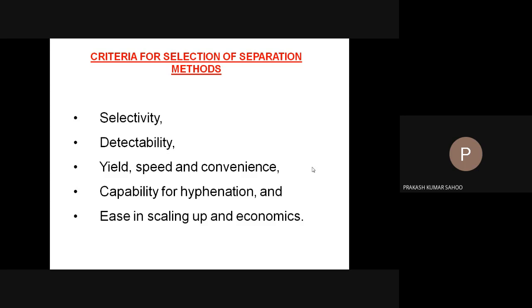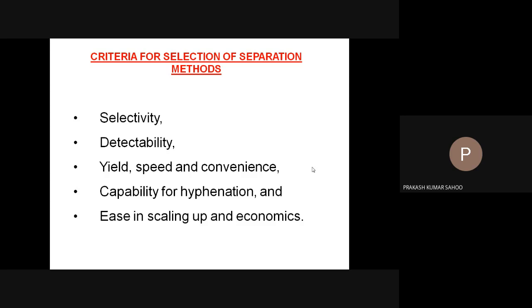Sensitivity assumes paramount importance when the quantity of mixture to be analyzed is very small, or when trace impurities must be assessed for obtaining an ultra pure material. That means detectability or sensitivity is applicable where only a minimum amount of pure substance or component is expected.